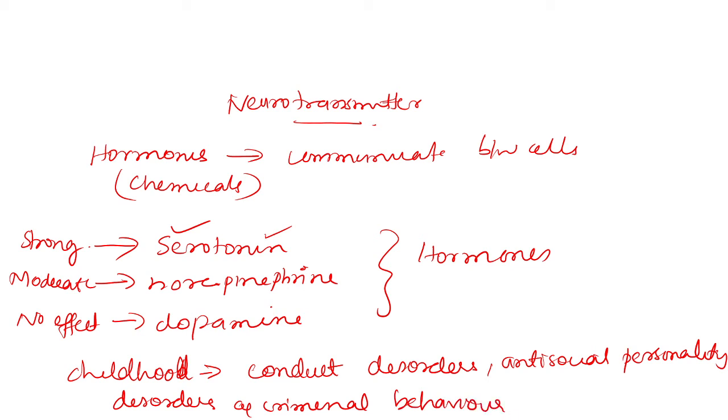So this is about neurotransmitters. I will explain everything in depth in coming classes. This time I am just giving an introduction about these biological factors that are contributing to criminal behaviors.